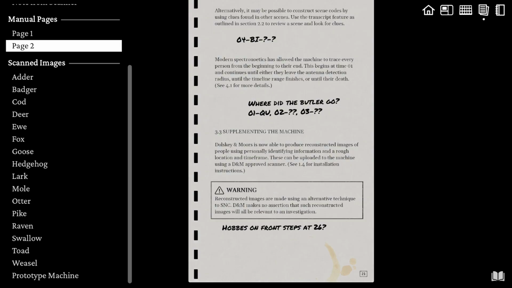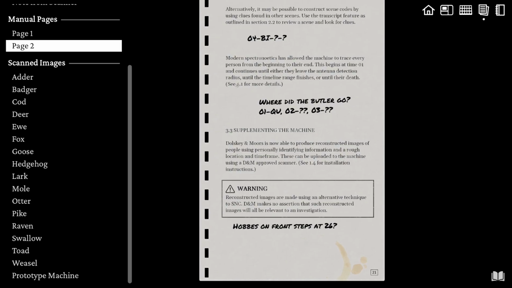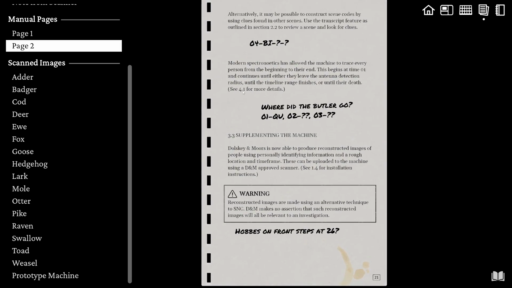Machine to trace every person from the beginning to their end. I need the other pages for the 4.1 to see. Okay, never mind.